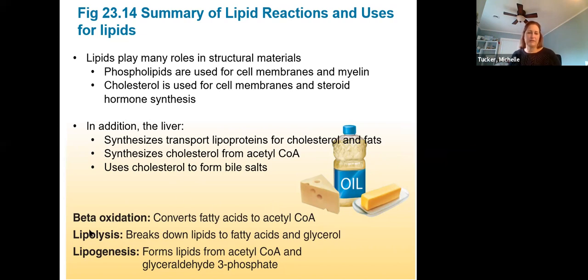Lipolysis, starting with triglyceride, breaking down and resulting in fatty acids and glycerol. Lipogenesis is the reverse. We're going to start off with acetyl-CoA and glyceraldehyde 3-phosphate, but eventually we'll get back to fatty acids and glycerol to make triglyceride.